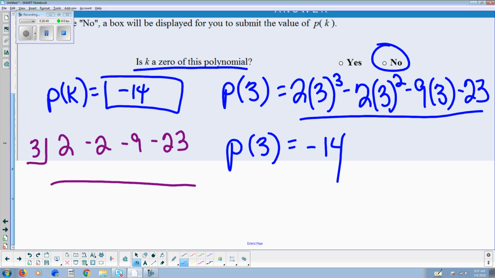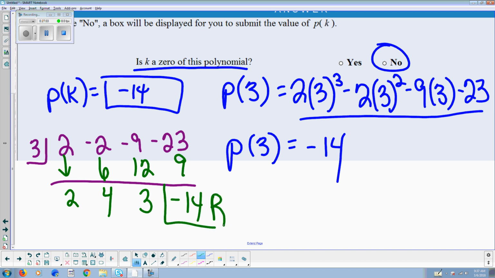Go all the way through synthetic division, which isn't bad. 3 times 2 is 6, add down, get 4. 4 times 3 is 12, add down, get 3. 3 times 3 is 9, add down, get negative 14. Here's your remainder. So this would be your value for P of K. So there's 2 ways to do it. Actually, that might have been faster.